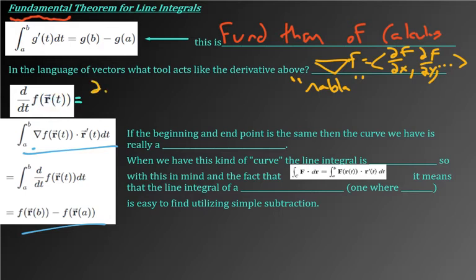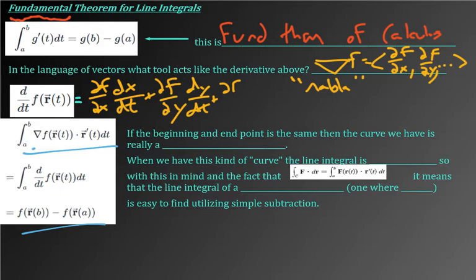You would have partial of f with respect to x, and then chain rule, it would be dx/dt, an ordinary derivative, and then partial of f with respect to y, dy/dt, plus partial of f with respect to z, dz/dt. This is just chain rule, like from chapter 14.